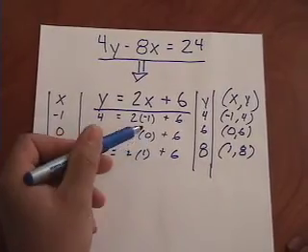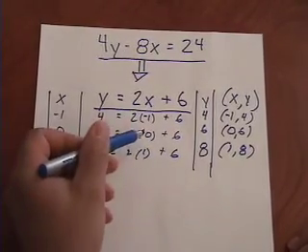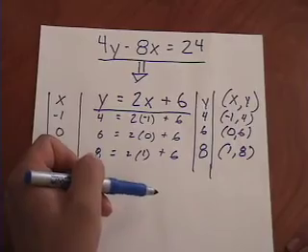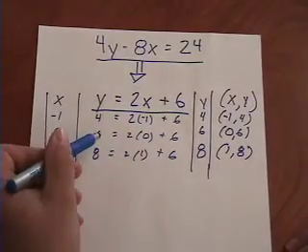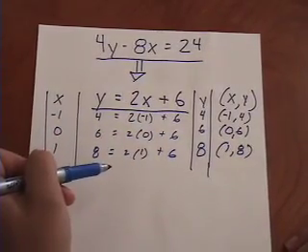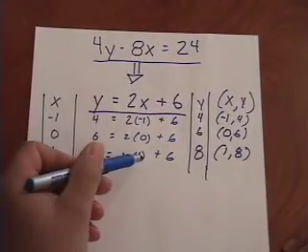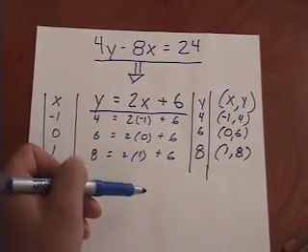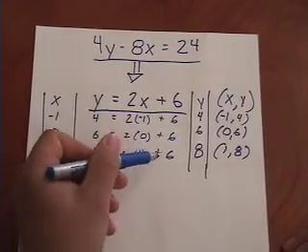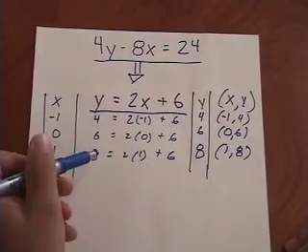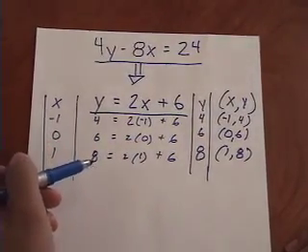If I pick another random number like 0 for x, 2 times 0 is 0, plus 6 gives me 6 for y. Again, if I pick another random number for x, say 1, 2 times 1 is 2, plus 6 gives me a value of 8 for y.